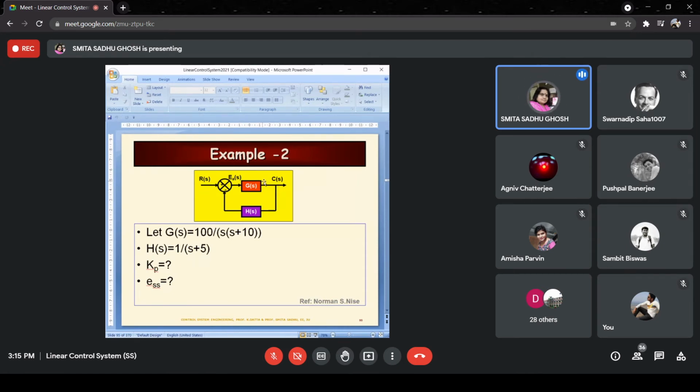Because here, the output multiplied by H(s) is going to have equivalent units to the units of R(s), because you cannot subtract, for example, a voltage and a position. It's going to be volts. But here C(s) could have been anything else. It would have a different unit.